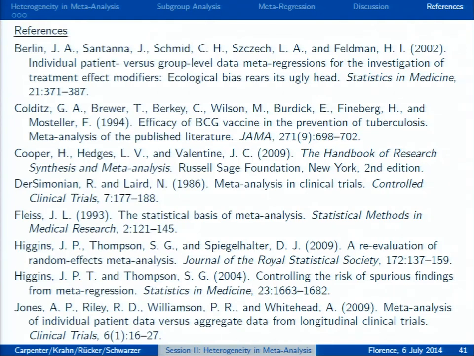So the last one is, for me, a little bit counterintuitive, giving more weight to small studies. Yes, and I think that's a good point. There's been a lot of discussion in the literature. I think there's been a whole issue of the journal Statistical Methods in Medical Research some years ago devoted to whether one should prefer fixed or random effects meta-analysis. Different people put more weight on relative properties of the different methods and then come to different conclusions.